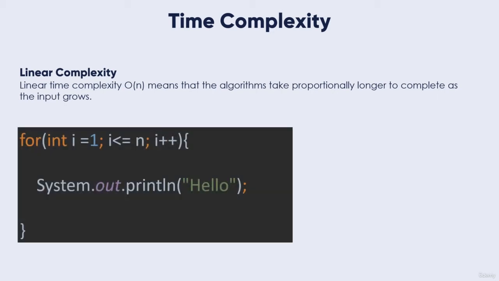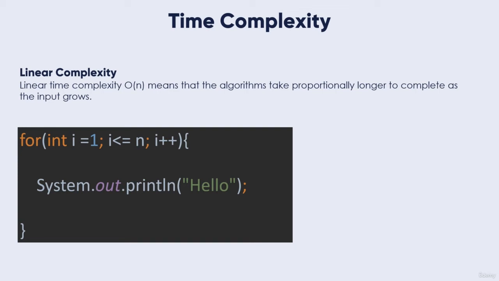For example, if we have a loop for int i equal to 1, i less than or equal to n, i plus plus, and we need to print hello every time. We said that when we print a message or assign variables or do anything not related to the input, we consider it as a constant, okay?